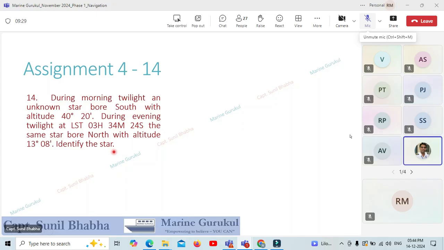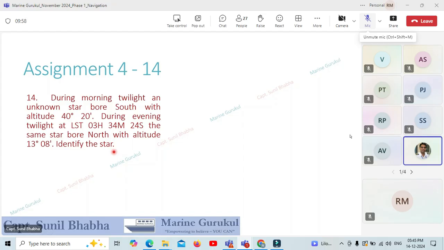In most cases, the question can be solved using spherical trigonometry. You will have a PZX triangle formed, and you can use the spherical trigonometry cosine formula or Napier's rule. One of them will be applicable in that triangle, and by applying the formula, you will be able to solve the question easily. So this is the basic concept we use.